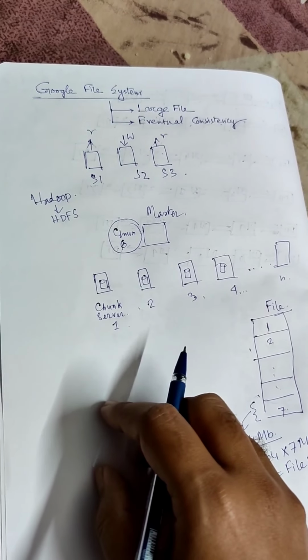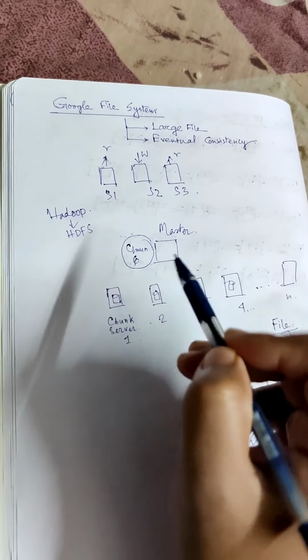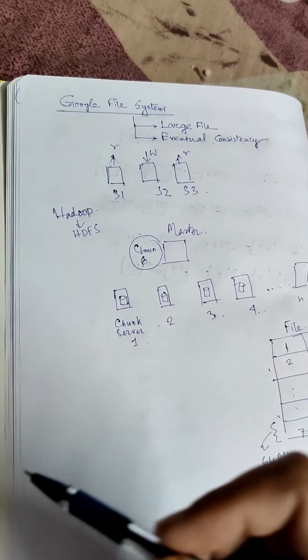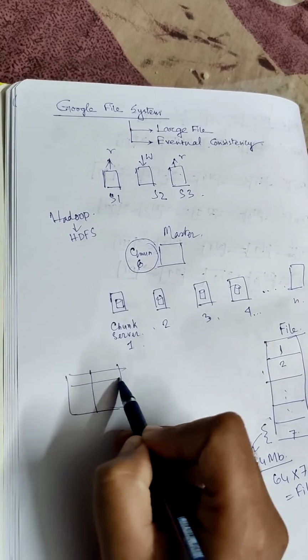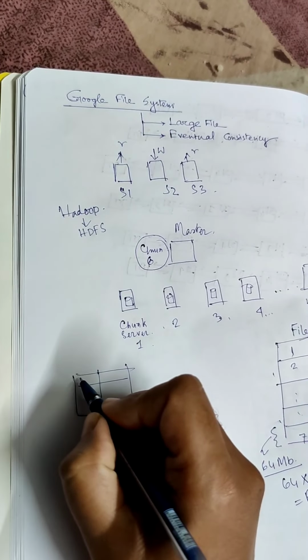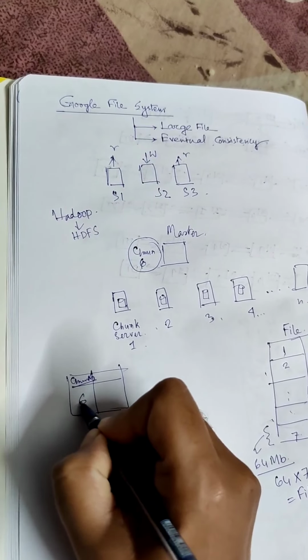Now the master needs to keep track of where chunk number 6 is going exactly, what the location of this chunk is. So the master maintains a database of sorts, where it stores the chunk number, for example 6.